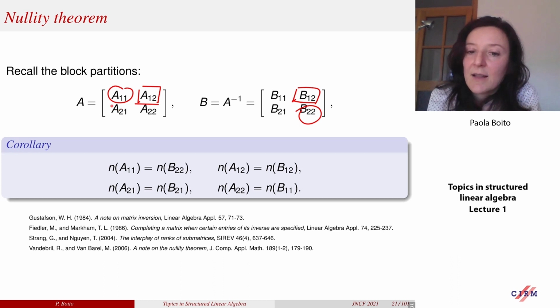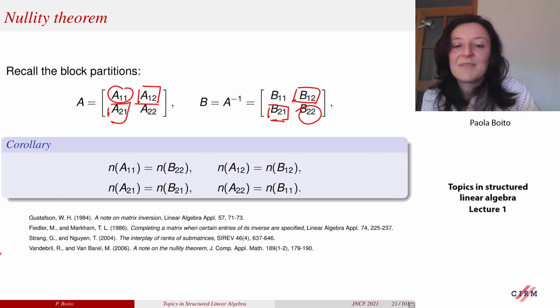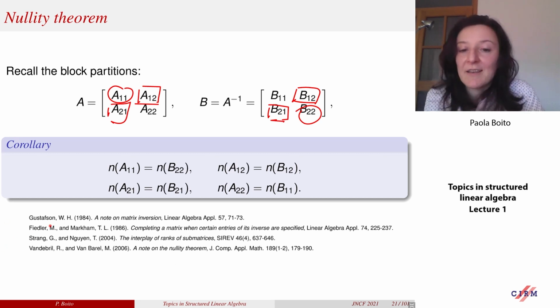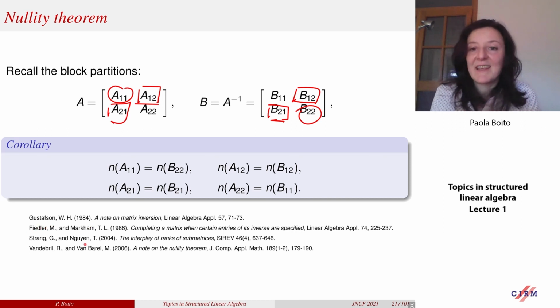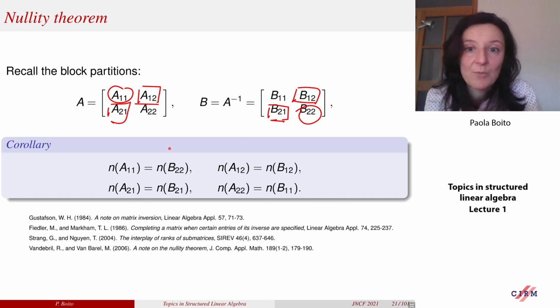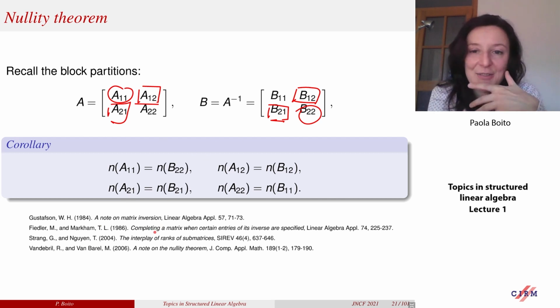And again, the nullity of this block is the same as the nullity of this block. Okay. So this theorem is usually attributed to Fiedler and Markham, who published it more or less in this form, the form it's mostly used nowadays.